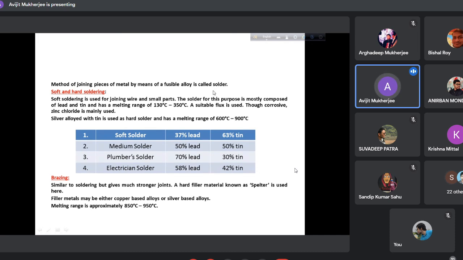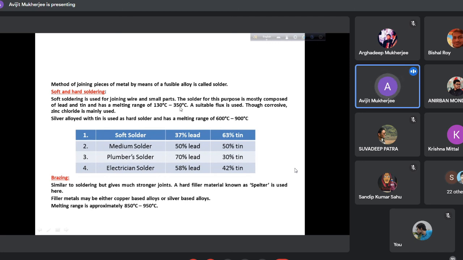So before starting the operation, the solder iron is heated. The electricians, when they come, they plug in the solder iron for some time. When heat is sufficient, and heat is not that high, the melting range of the solder material is only 130 to 350 degrees centigrade, depending on the material.